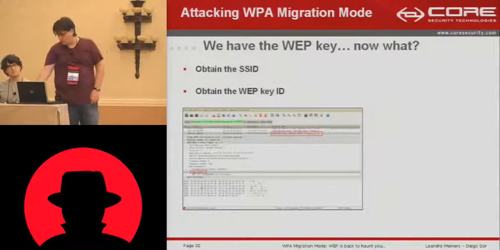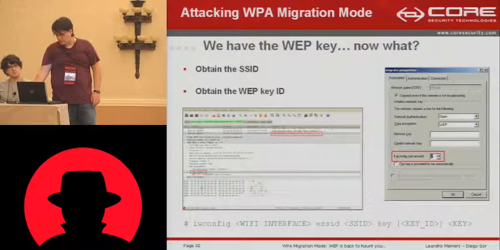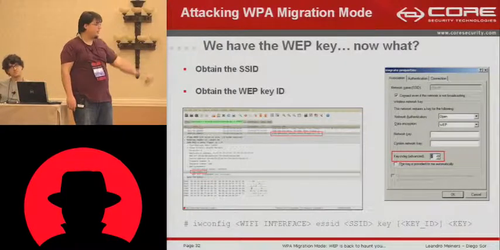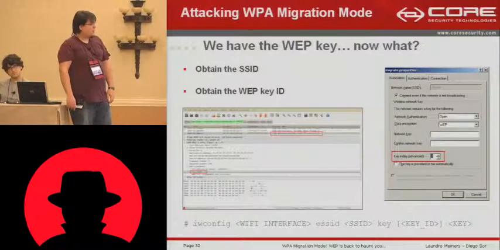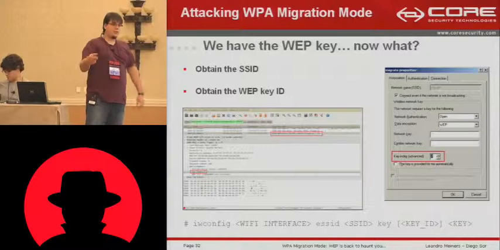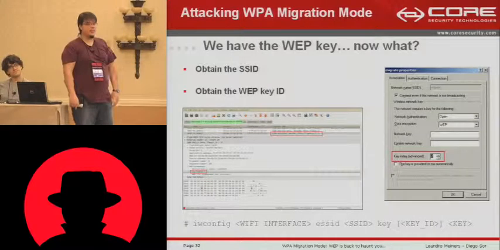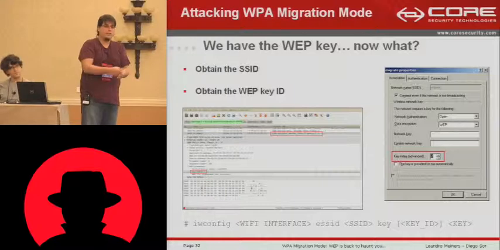And so if you try to join this AP using WEP, in Linux you have to specify the key ID in the iwconfig command, or in Windows, you have to add the network and then manually go to the advanced options to set the correct key index. Because if not, even though you have the correct WEP key, you're not going to be able to join the network.